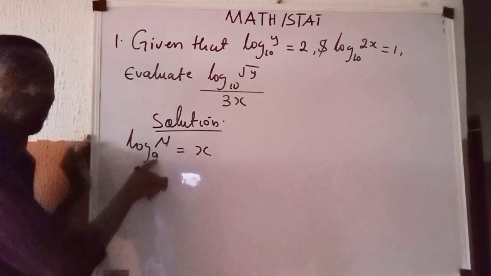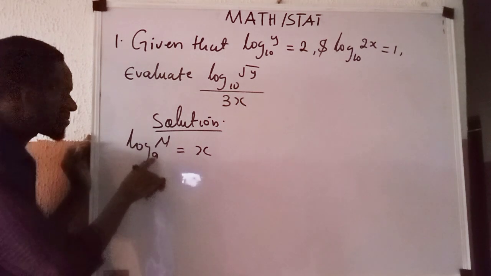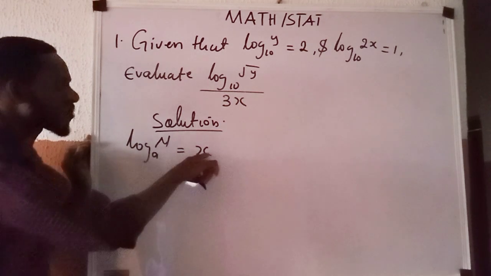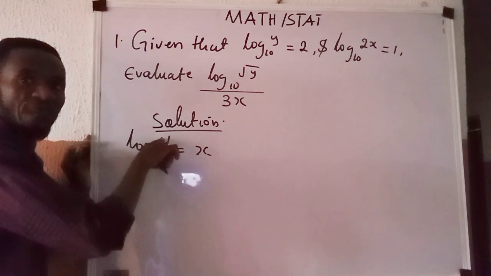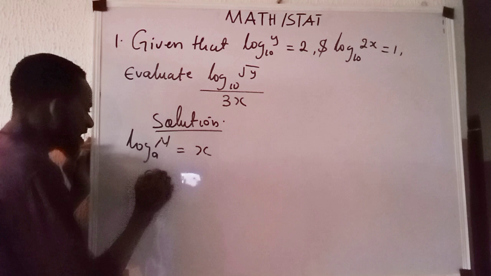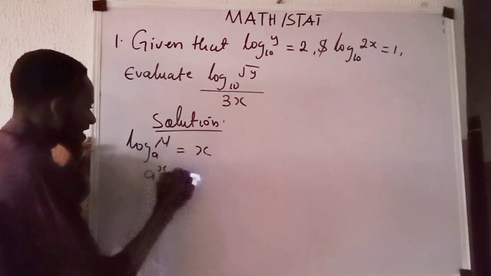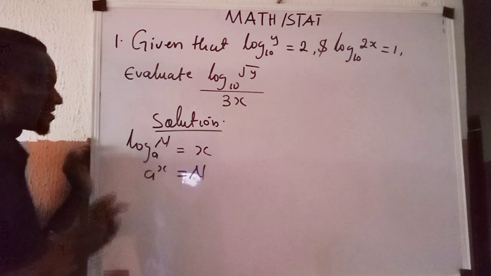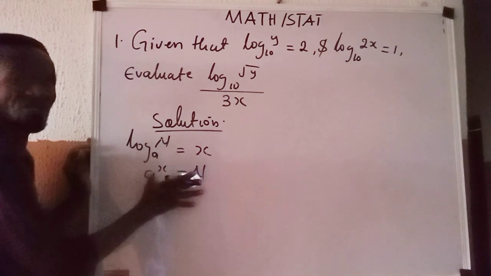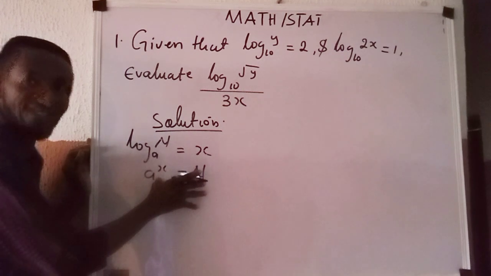Then this is the base, which is A. It now becomes that base raised to the power of this x is equal to this N, which is the number. So this becomes A raised to the power x is equal to this capital N. This has ceased from being a logarithm. It has become an indices.